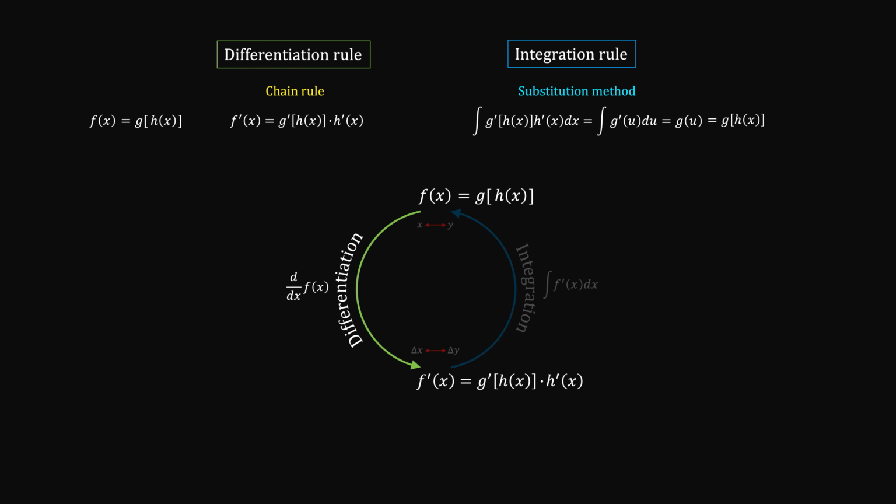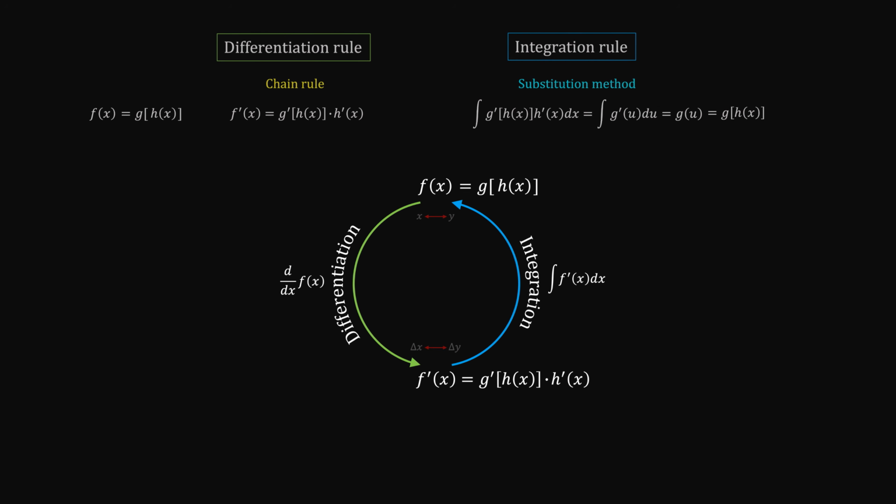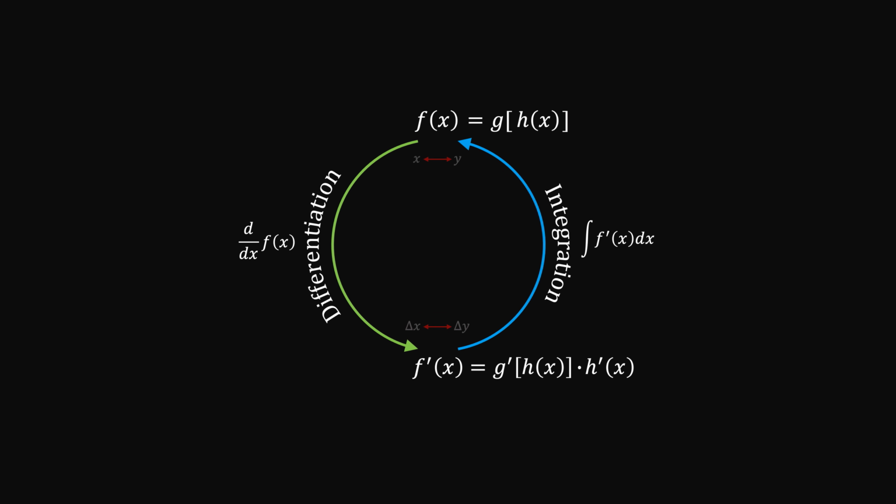Then, according to the fundamental theorem of calculus, if we integrate its derivative, we should get back the composite function. Seems like whether to differentiate or integrate a compound function, once the two layers of operations are identified, it's easy to get from one side to the other.